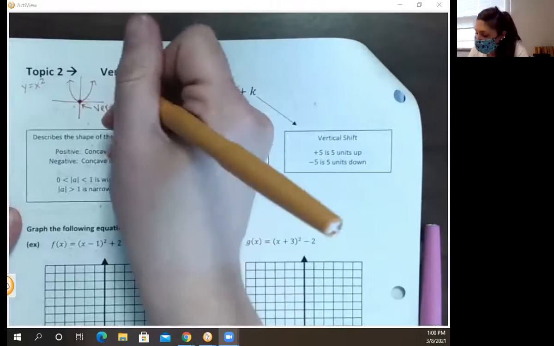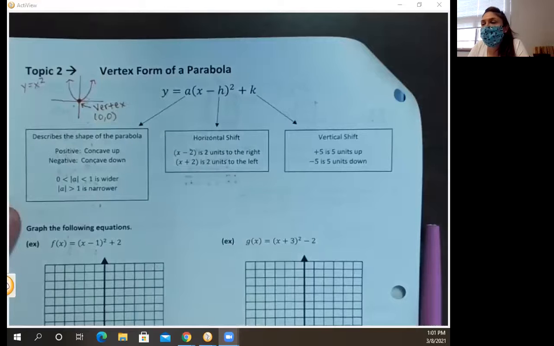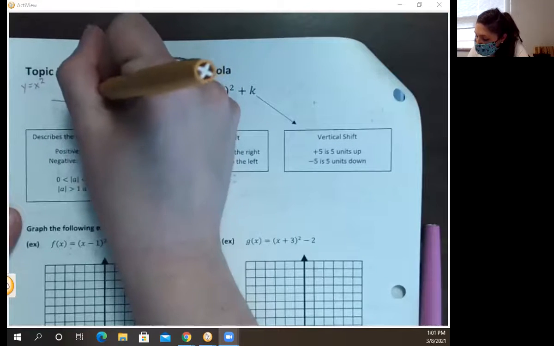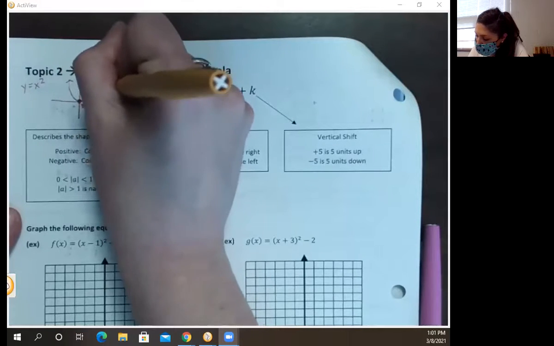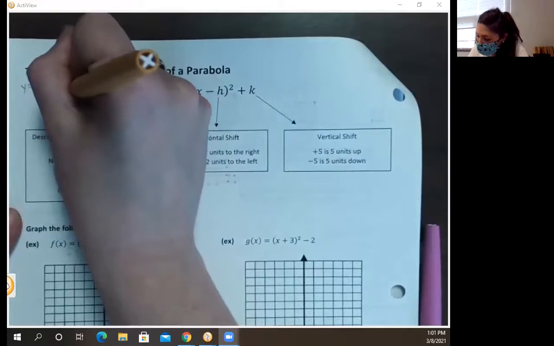And in our parent graph, it's at 0, 0. The next nice points on either side of this parabola are up 1 and out 1. So I've got a point at 1, 1, and then over this way at -1, 1.